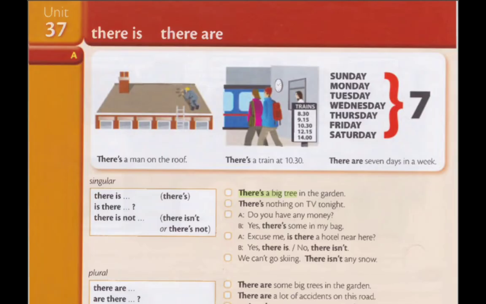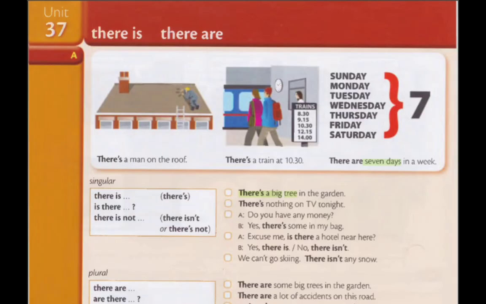So there is is for just one, a singular, like there is a man on the roof, or there is a train at 10:30. But there are is for plural, like there are 7 days. 7 days is plural. Like Sunday, Monday, Tuesday, Wednesday, Thursday, Friday, Saturday.